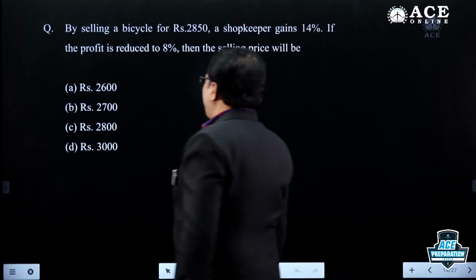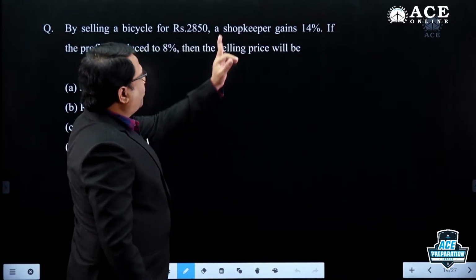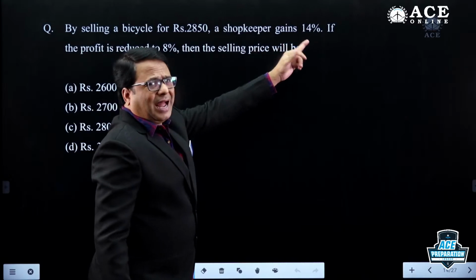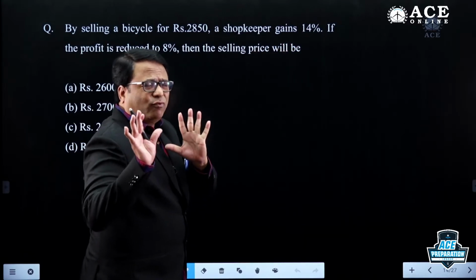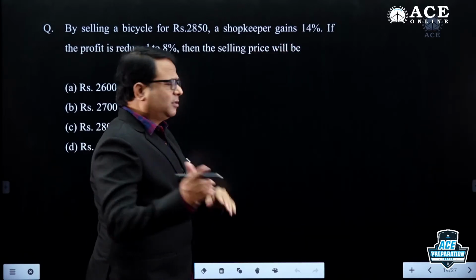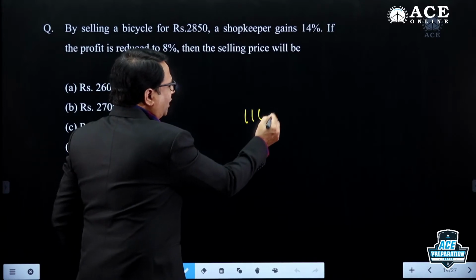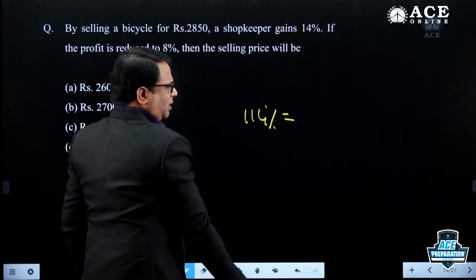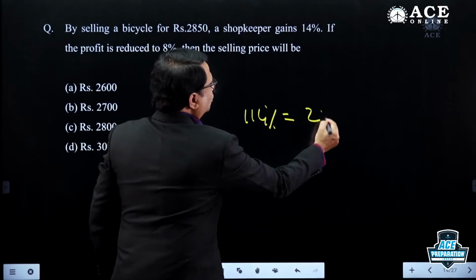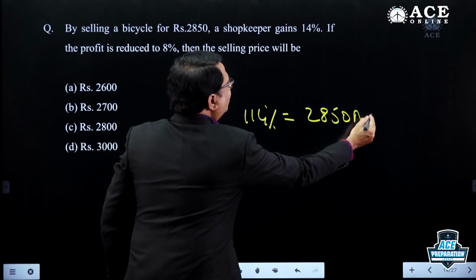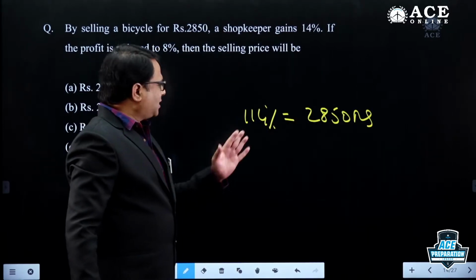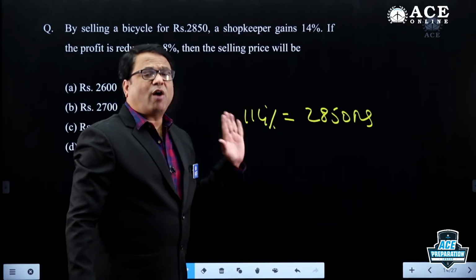Now, when profit is 14%, I can write the selling price as 114% of cost price. That means 114% of cost price is equal to 2,850 rupees. You understand why I write 114% of cost price.